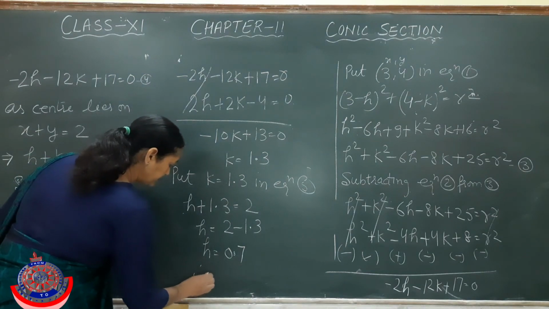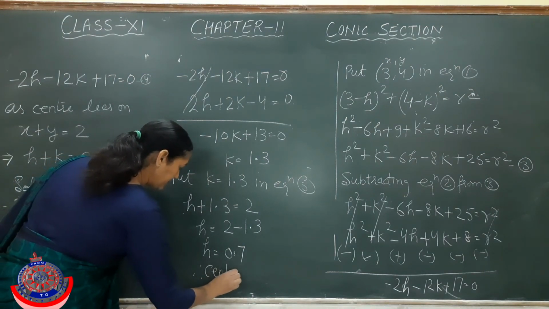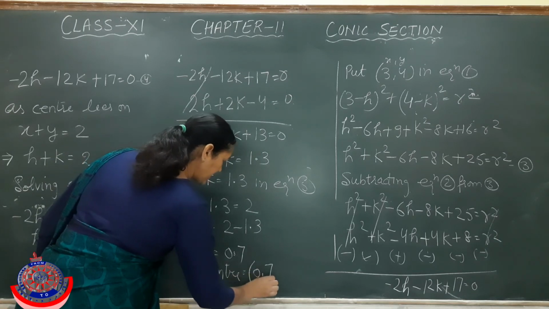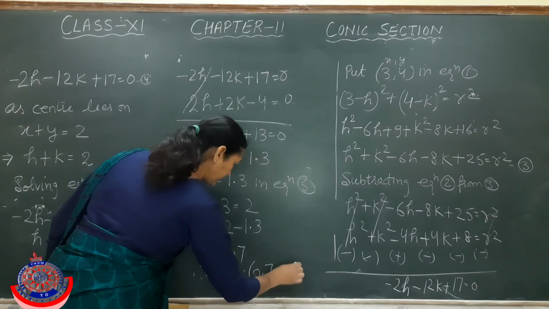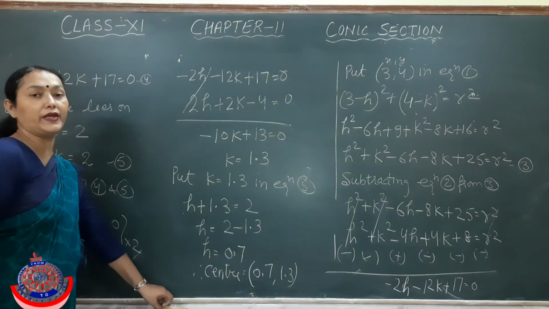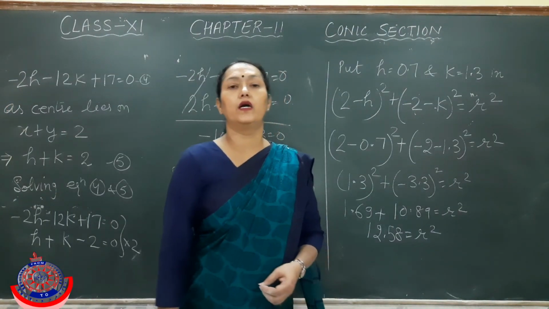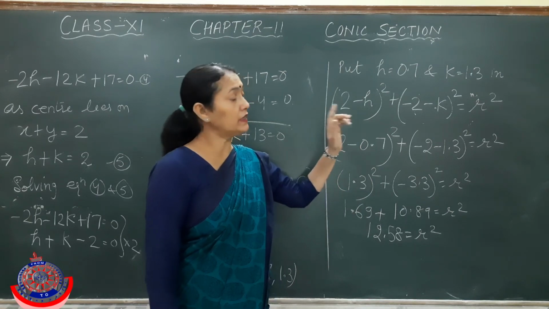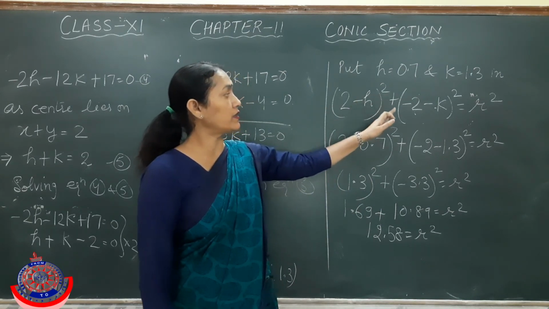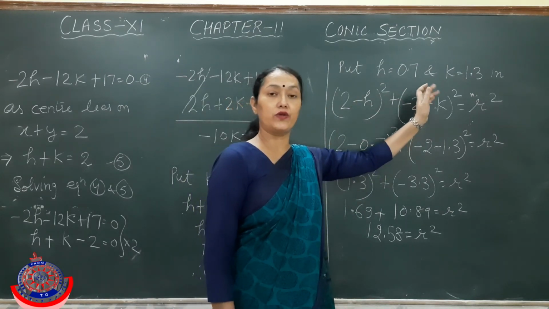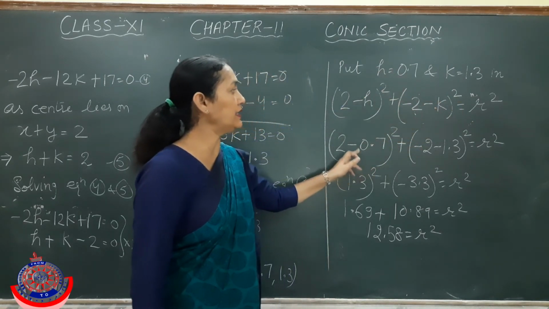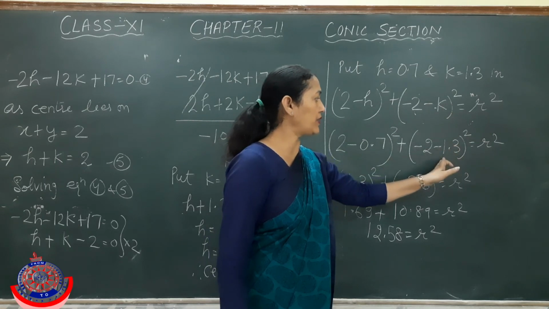Therefore, center is equal to 0.7 and 1.3. So center we have obtained. Now putting the value of h and k in the very first equation that we have written, 2 minus h whole square plus minus 2 minus k whole square equals to r square. We put in place of h as 0.7 and in place of k we write 1.3.